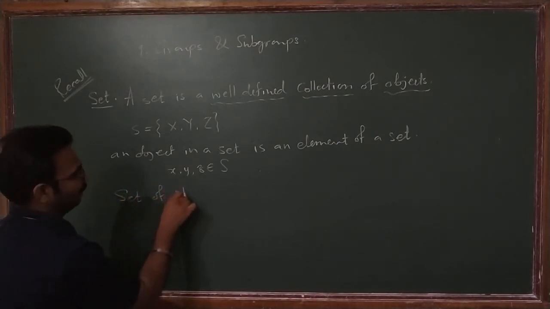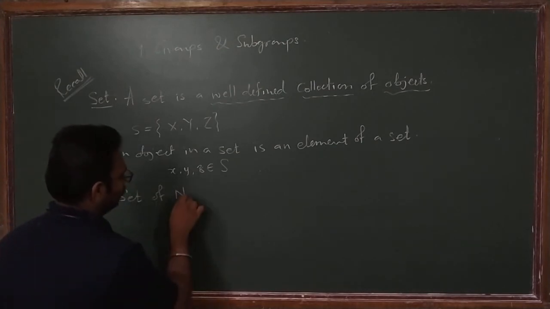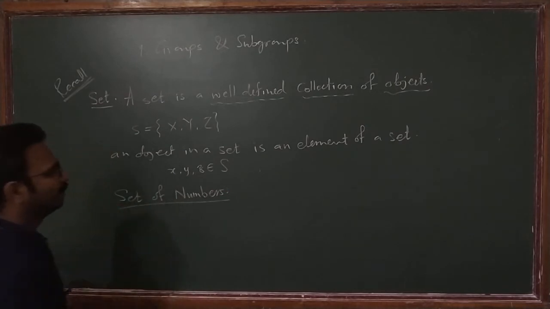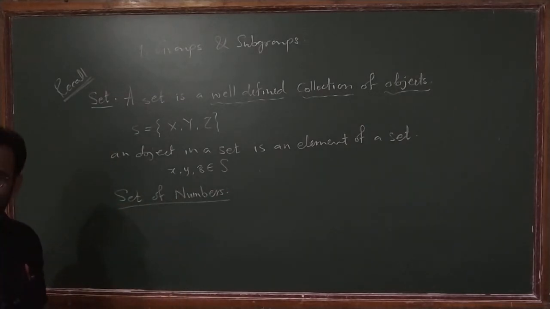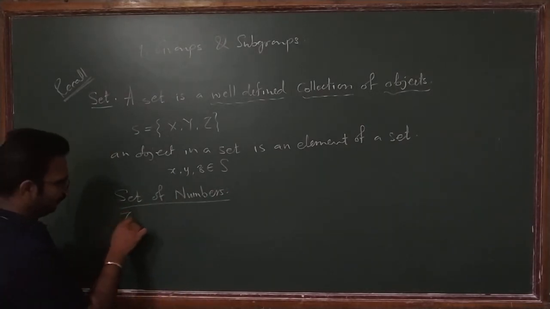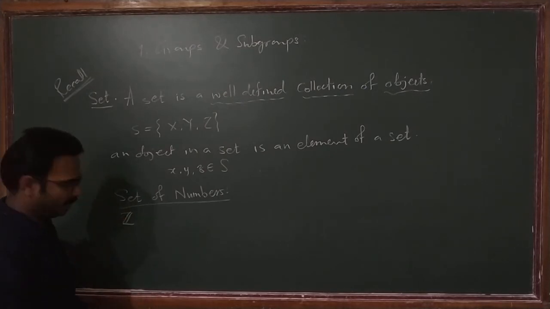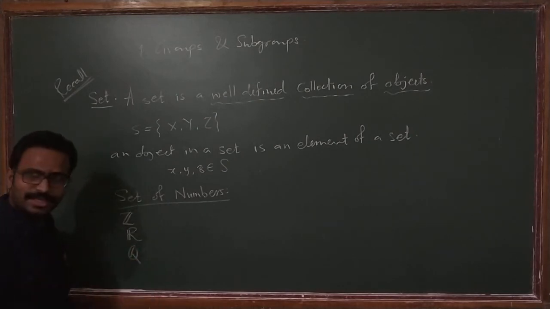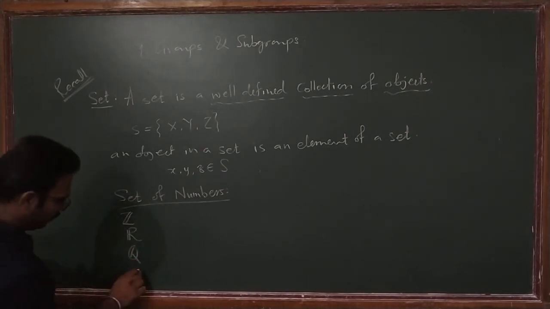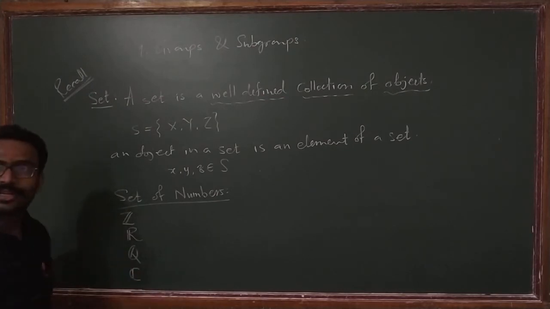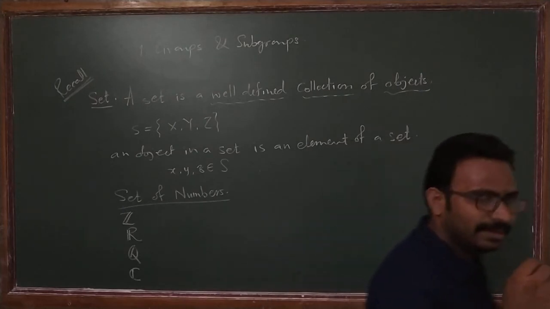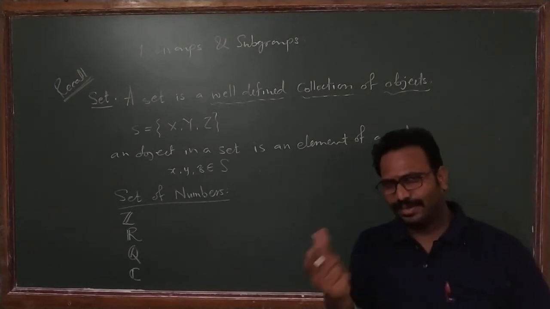In fact, we have used sets of numbers somewhere. Which set of numbers have we studied? Z, set of integers. R, set of real numbers. Q, set of rational numbers. C, set of complex numbers.